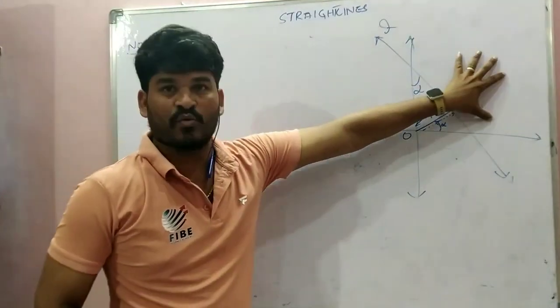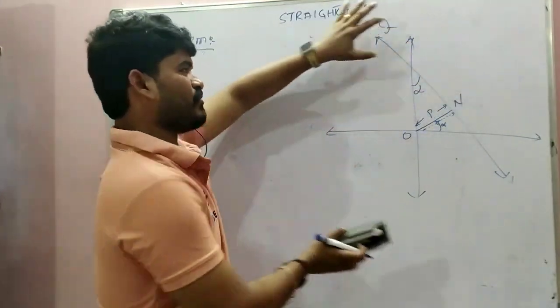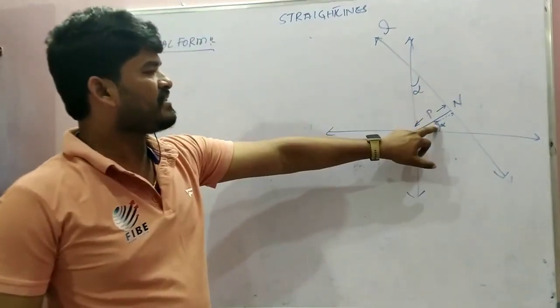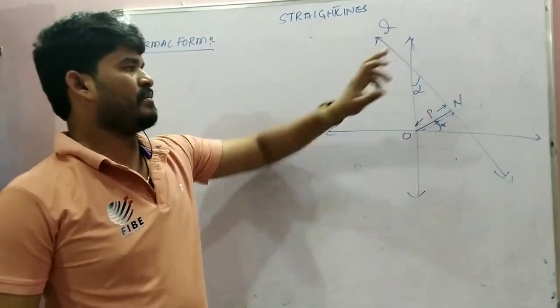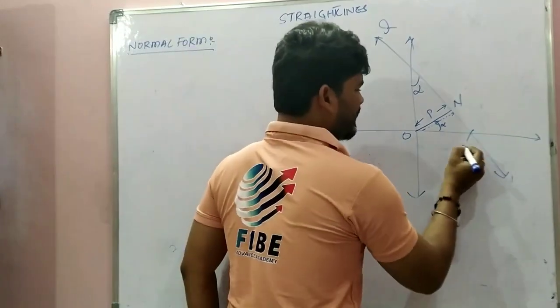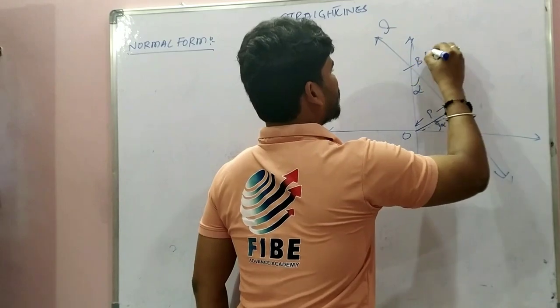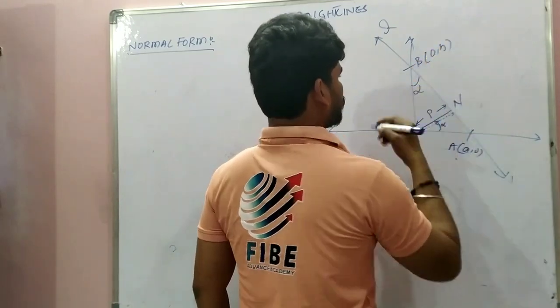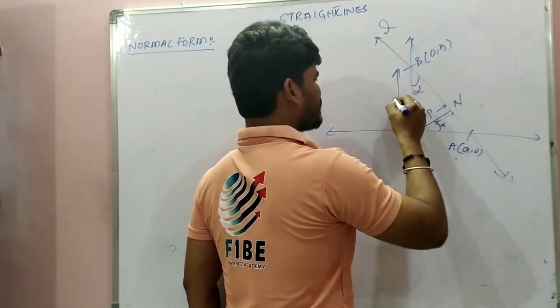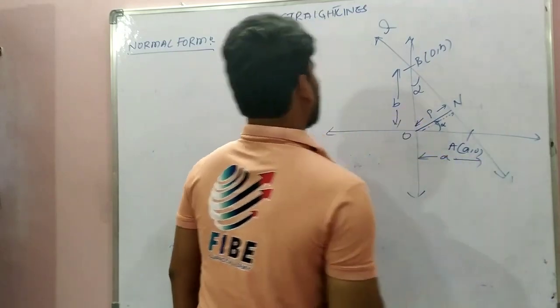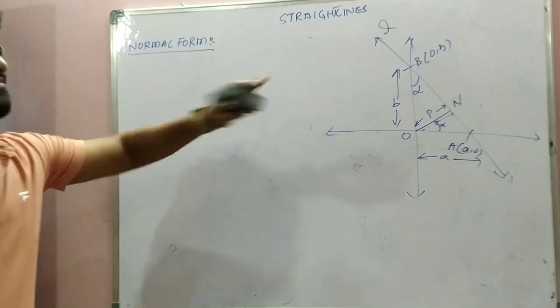Whenever this quadrant rotates to the second quadrant, we get this angle. Here assume A is (a, 0) and B is (0, b), where this length is b and this length is a.